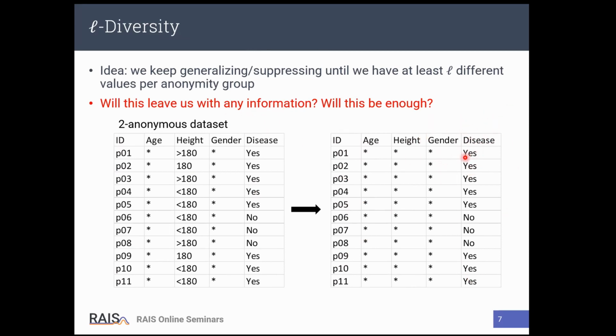So, for example, this data set now is L-diverse because there is a unique k-anonymous group, and there are two different values, either yes or no. But as you can see, of course, this is a toy example, so we will easily lose a lot of information. But in the most general case, applying k-anonymity plus L-diversity will result in a huge loss of information.